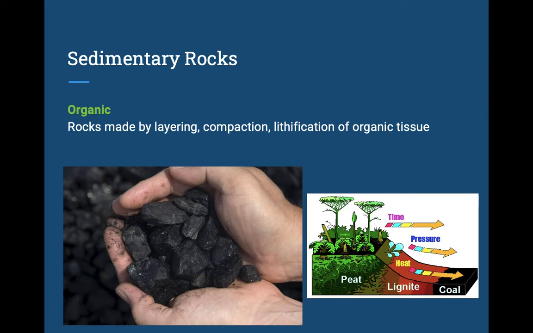Over time, we have heat, pressure, water moving through here. Again, this lithification process takes place, and today we find coal, which is this lithified remnant of the organic material that was here, right?